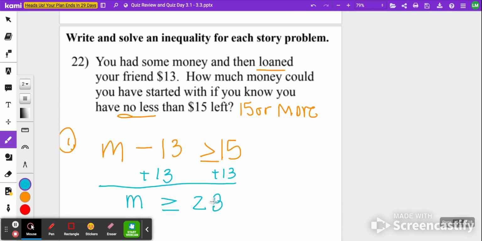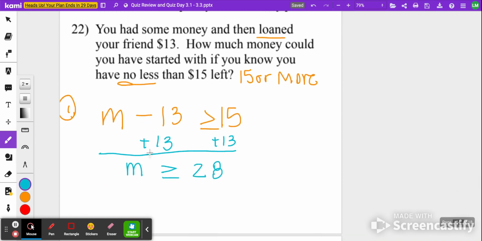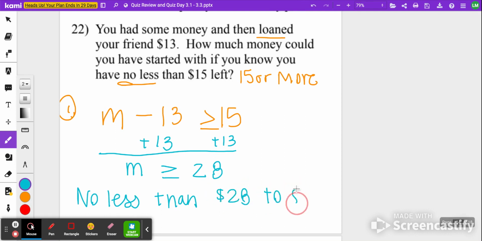So that means how much money could you have started with if you know you had no less than $15 left? I had no less than $28 to start. Okay? So just be very cautious about how you're setting up your inequality. Again, writing it correctly and then solving.